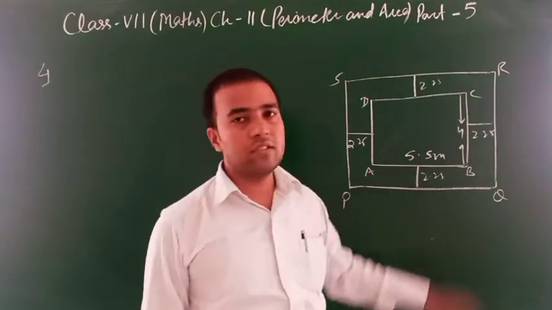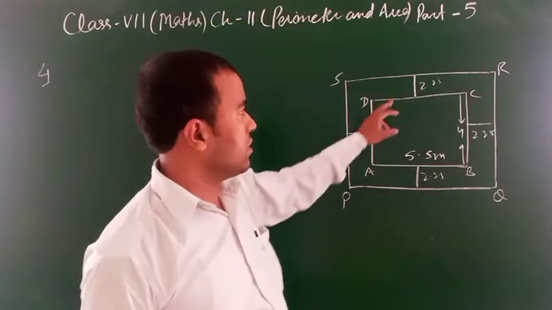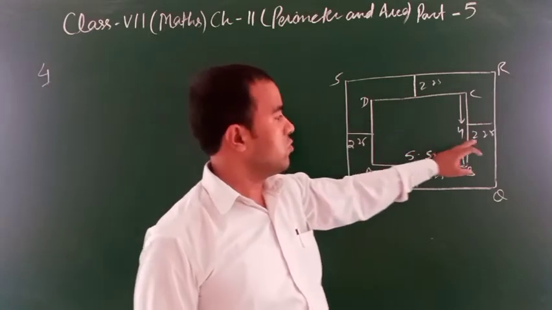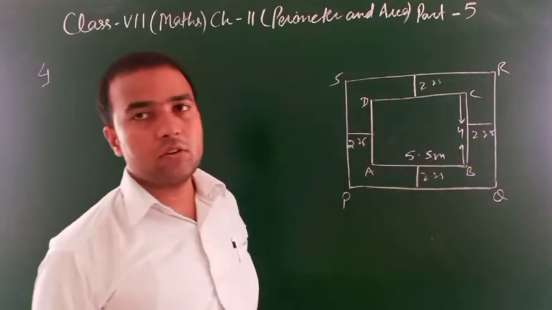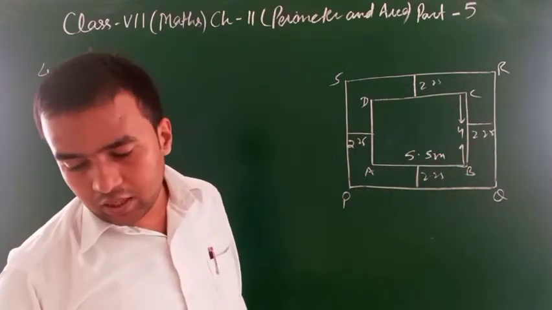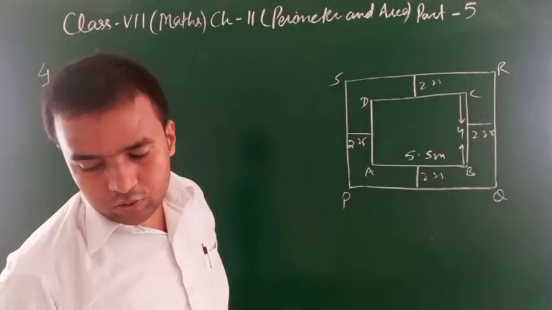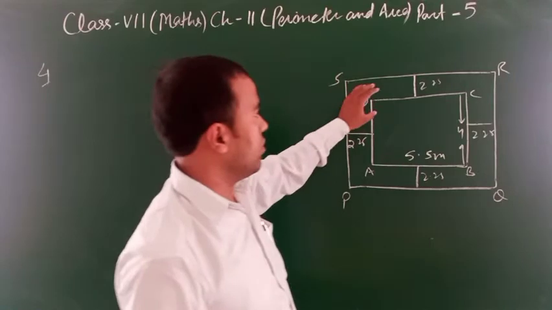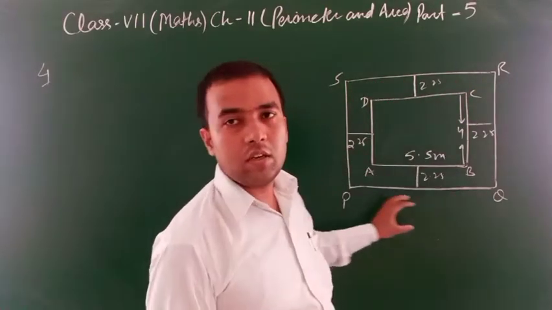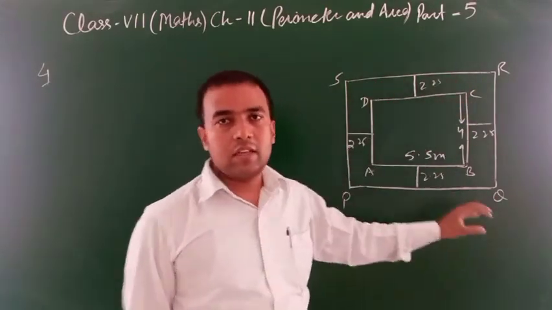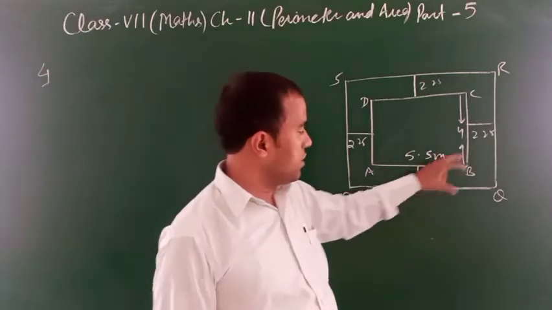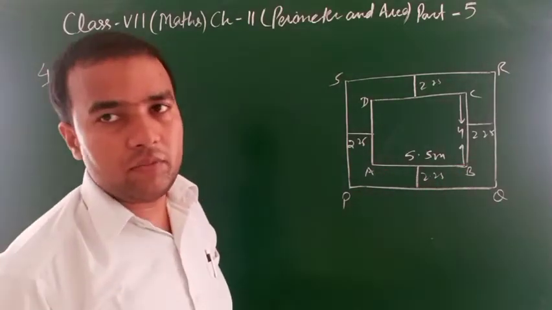This length and breadth is given. When we are making 2.25 constructing outside, all along outside the room, we are getting one more rectangle. Here length and breadth is not given, so we will find.